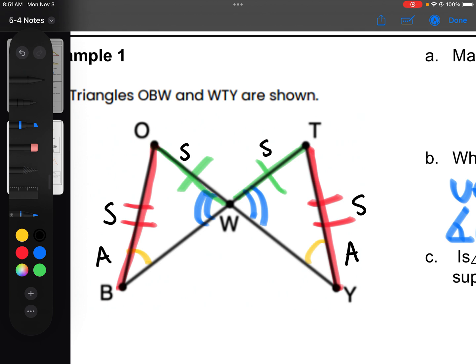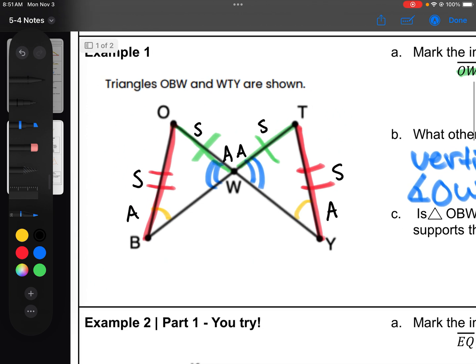And then if I keep going around the triangle, we have another angle here, okay? So you want to follow the order of the letters here. So this is kind of the order of the letters that we have. We have A, S, S, A.